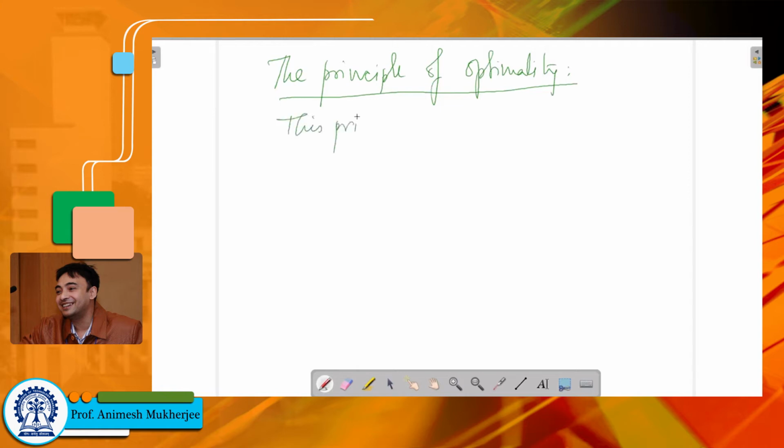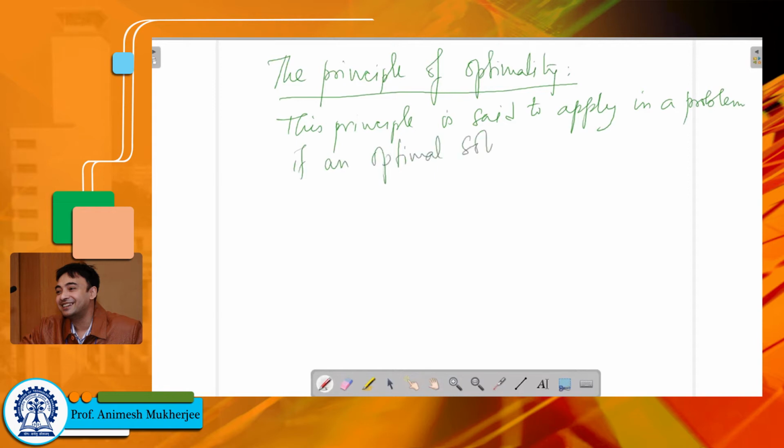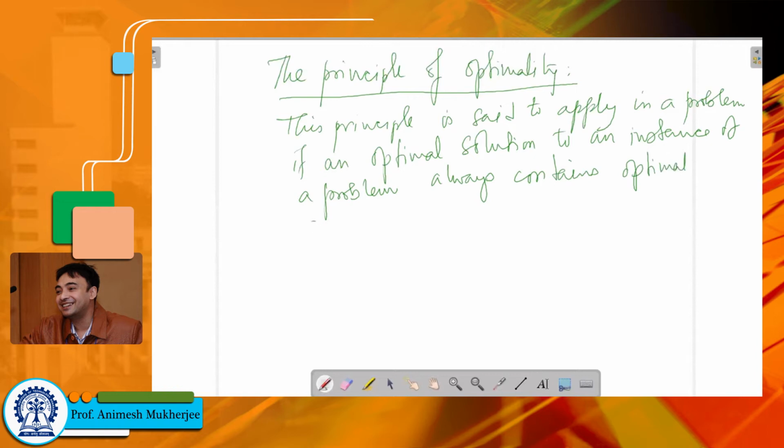This principle is said to apply in a problem if an optimal solution to an instance of a problem always contains optimal solutions to all the sub-problems of that problem.